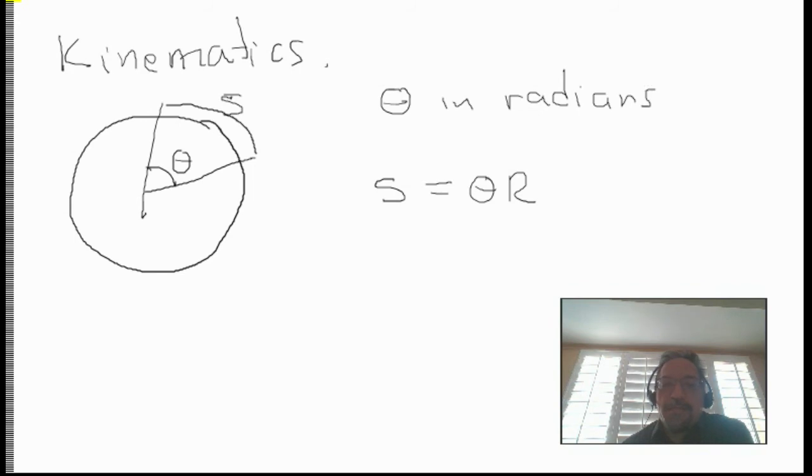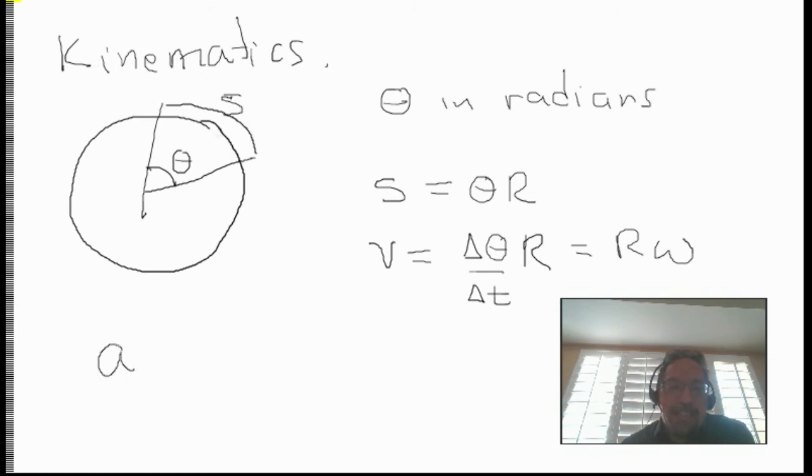So the speed is going to be equal to the change of that angle with respect to the time interval, divided by the time interval, and times the radius, or r omega. Omega is the angular velocity and is defined as the change of the angular position divided by the time interval. Same as the tangential acceleration, because that's how we are changing our speed along that circular path.